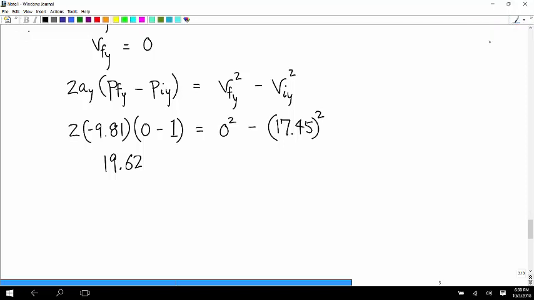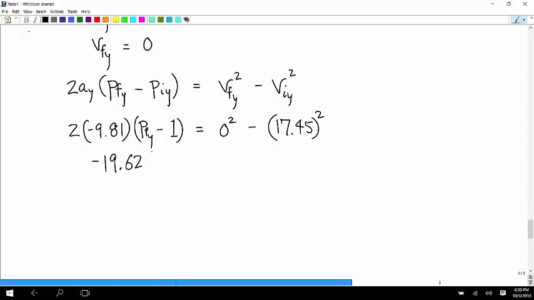Darn it. This is not 0. This is the thing we're trying to find. Okay, so this is PFY. So let me do this in steps. 2 times negative 9.81 is negative 19.62.